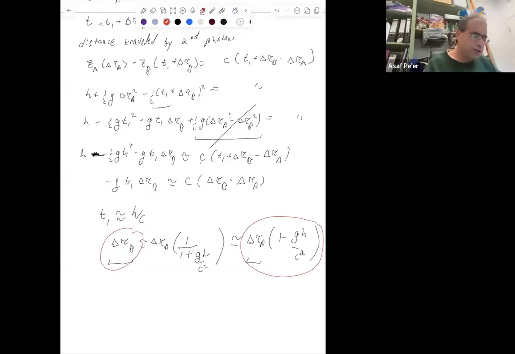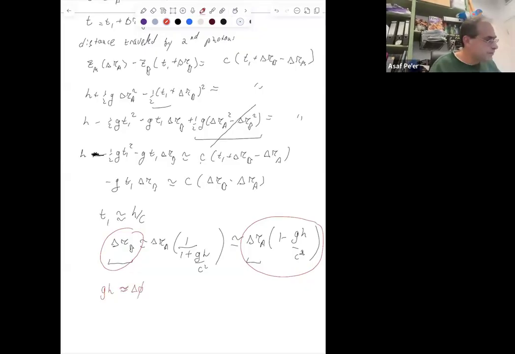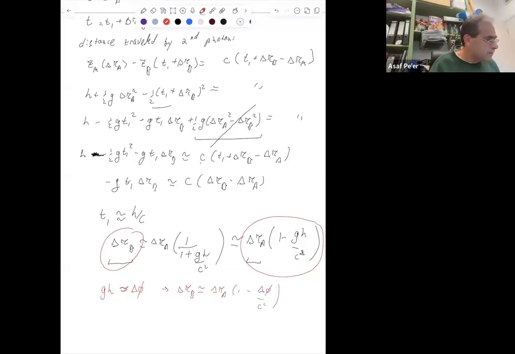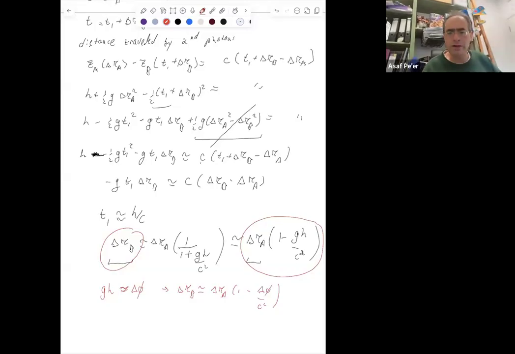I'll just finish: since GH is the difference in gravitational potential, first order, this is delta phi. Then we can write delta tau Benny is delta tau Ayala times 1 minus delta phi over C squared. So when the receiver Benny is deeper, lower in the gravitational potential, right?